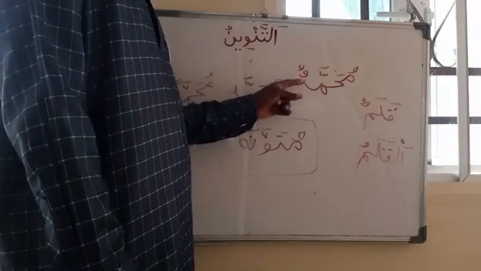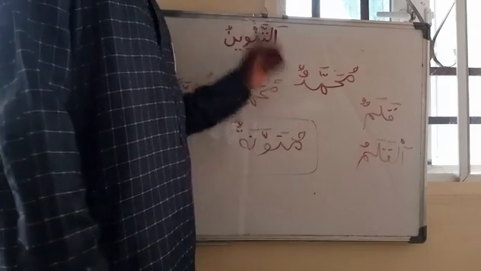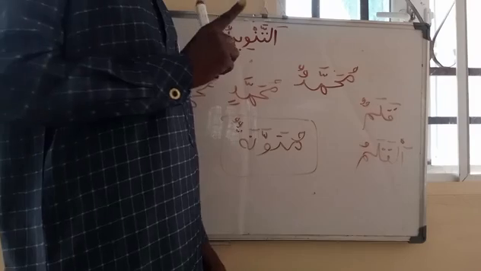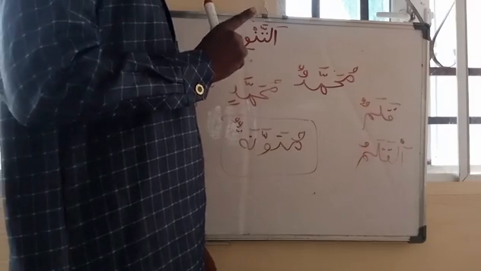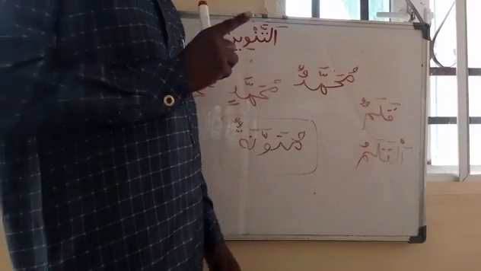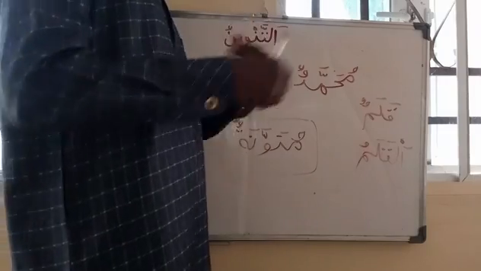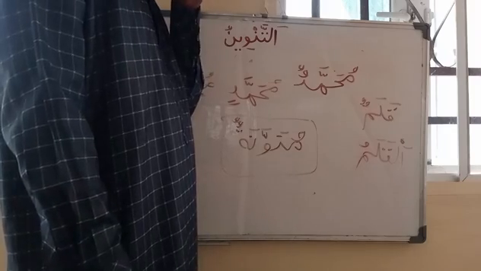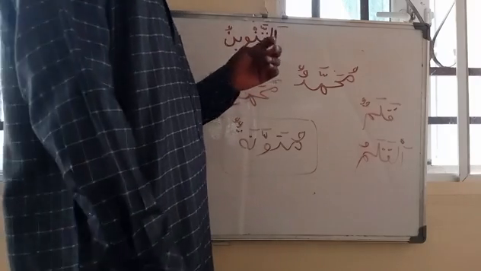So a tanwin ending a word usually indicates that that word is singular. In most cases it is singular, when you're referring to a singular thing. But that is not to say it is always so. You know why I say so?